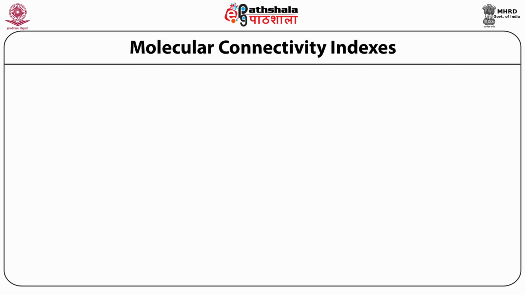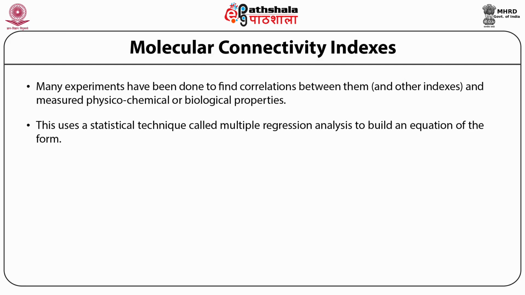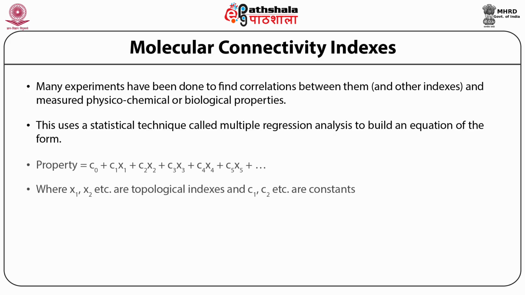Here I want to explain that very many experimental data have been found to have high correlation with connectivity indices. Now the question, how do you find the correlation? Basically, you list out some of the properties on your left hand side and many of the descriptors on the right hand side, like x1, x2, etc., which are the topological indices, or the descriptors.